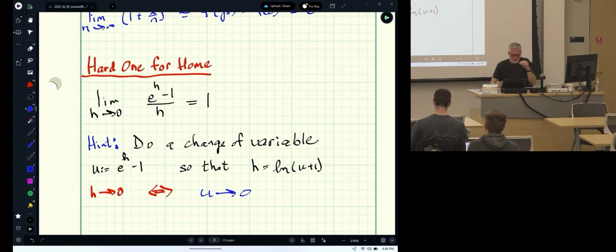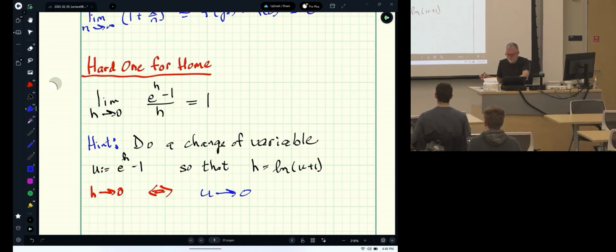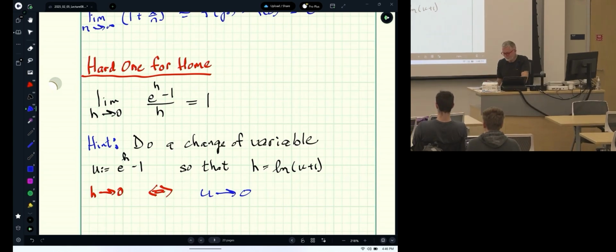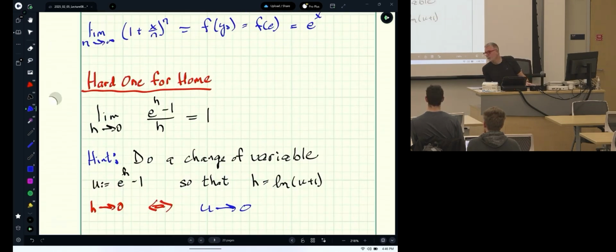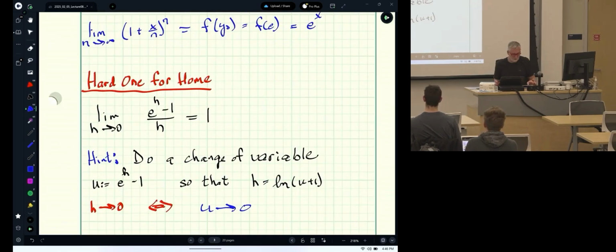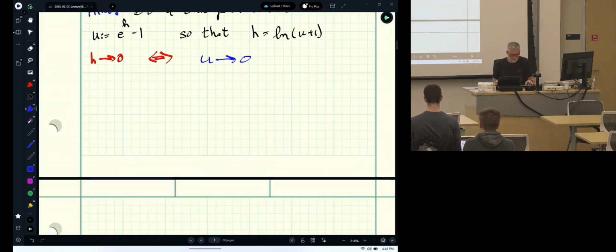So that's the idea, okay? So yeah, L'Hopital is a really nice thing to have. Questions so far? Doing good on limits? Okay, we're going to apply limits, not do any more study of limits.